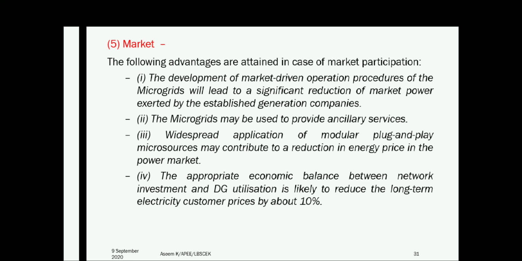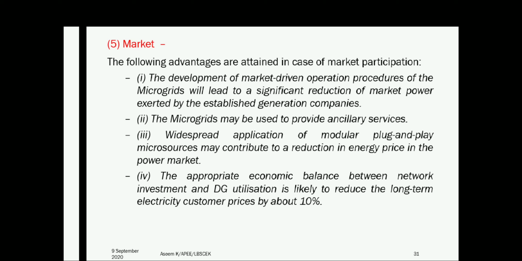And the last one is the market. Market means some economic aspects of microgrids. There are the following advantages attained in case of market participation. If you are generating electrical energy using a microgrid or distributed energy resources, and you have surplus power, it can be given to the main utility, and you will get the corresponding rewards.